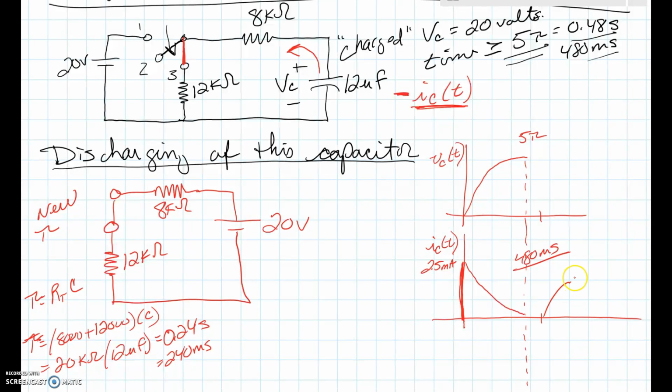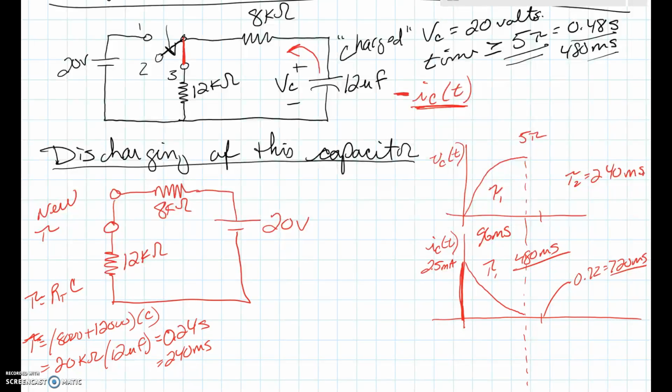This time now is 0.72, or 720 milliseconds. Okay, now we have a new tau. So here, in this first 5 tau, we had, let's call it tau 1, where it's 96 milliseconds, and now tau 2 is 240 milliseconds.